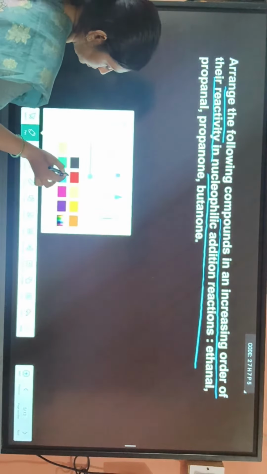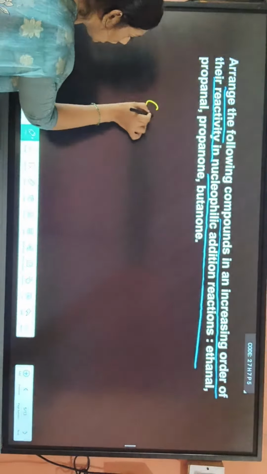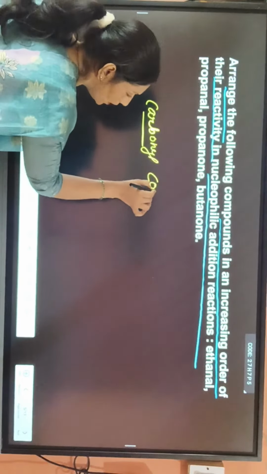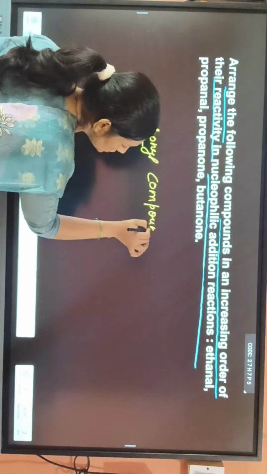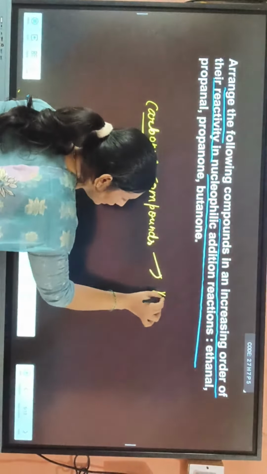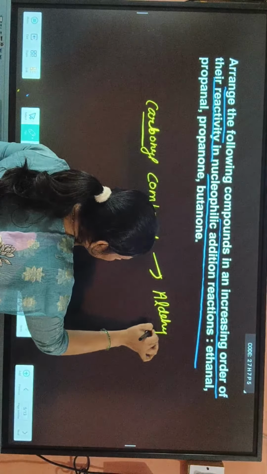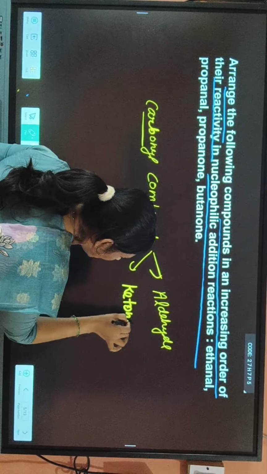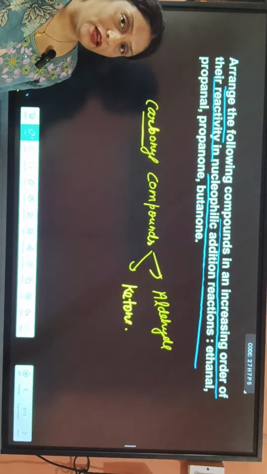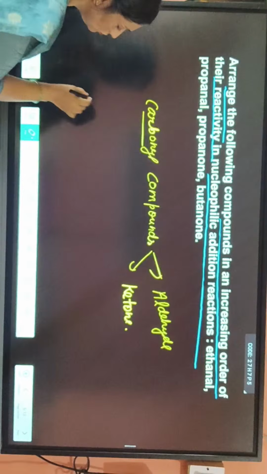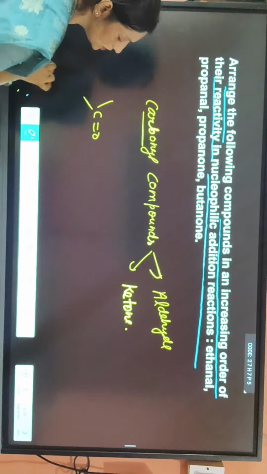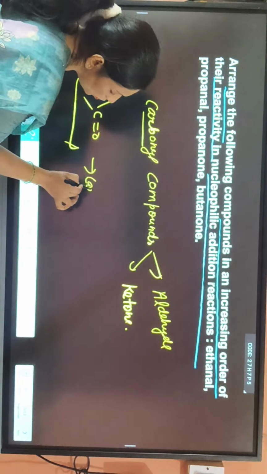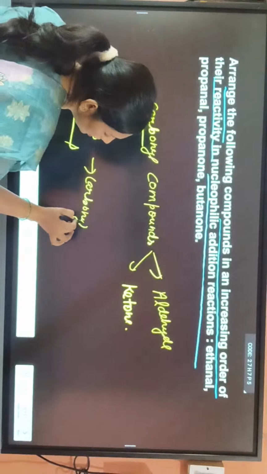You all know very well, students, carbonyl compounds: aldehydes, ketones, carboxylic acids, amides, acetyl chlorides. All these, in which a C=O group is there, are known as carbonyl compounds.